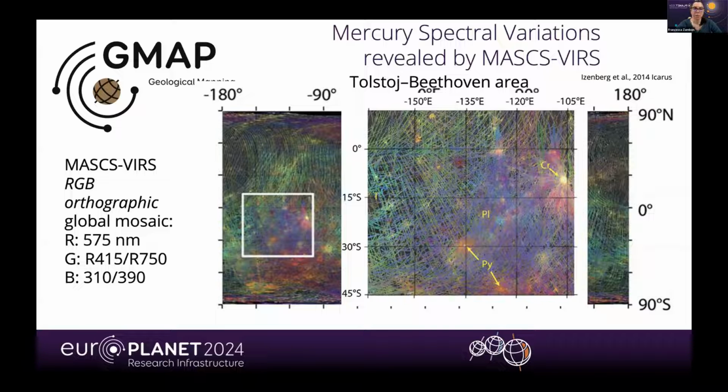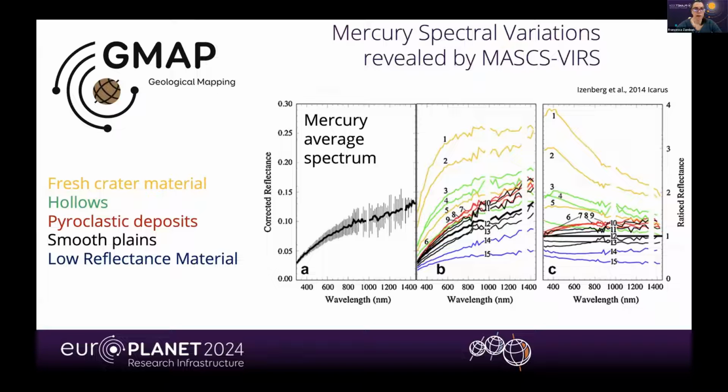So you see that also in this case, you can use this kind of analysis to identify different terrains with different spectral properties. But what is the spectral behavior in this case? Also in this case, we can identify different spectra looking at the different features. So you see, for example, in panel A, the Mercury average spectrum.